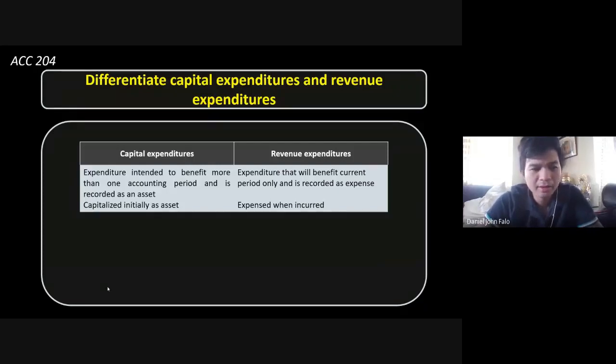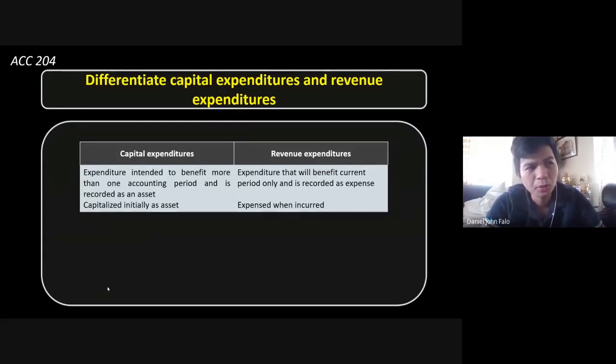It is because that yung proper recording of such expenditure would dictate kung saan natin siya ilalagay. When the expenditure is considered as capital expenditure, it must be recorded initially as asset. But if the expenditure would be considered as revenue expenditure, it would be expensed outright.